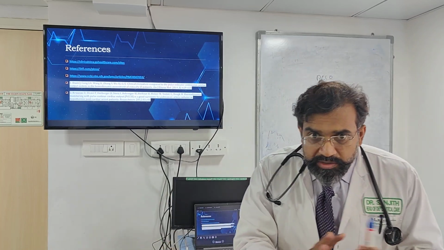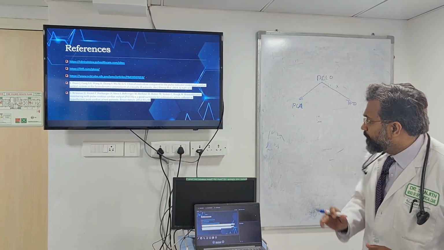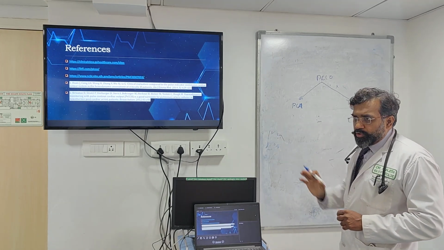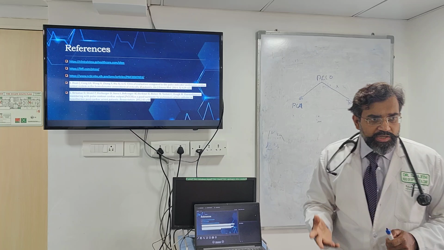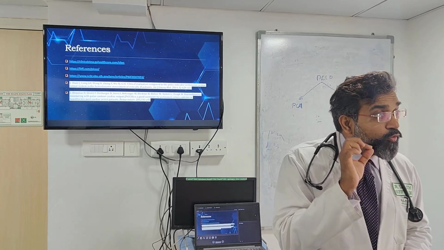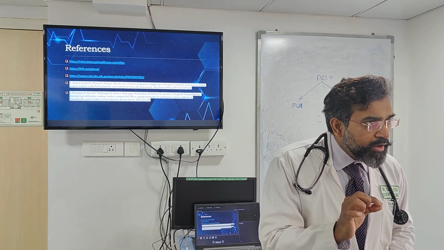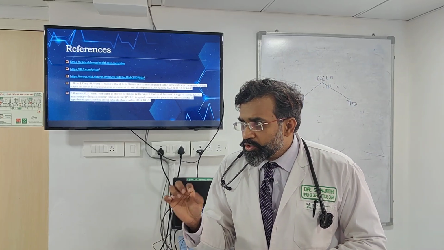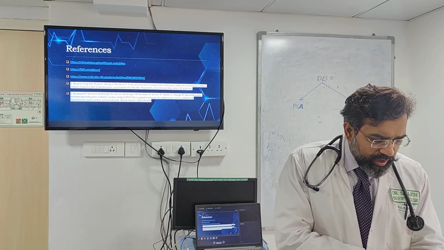What are the differences between these two? If I forget the transpulmonary thermodilution, it will still give you an output, not on this machine, but other machines can. You might have heard about FloTrac. Have you heard of FloTrac? FloTrac is a device where you require an arterial line.